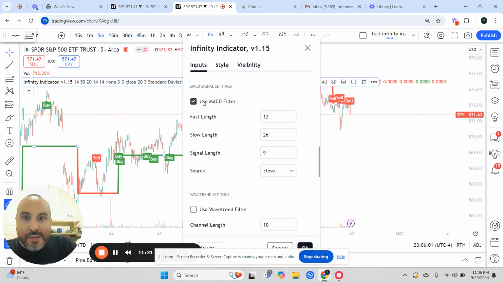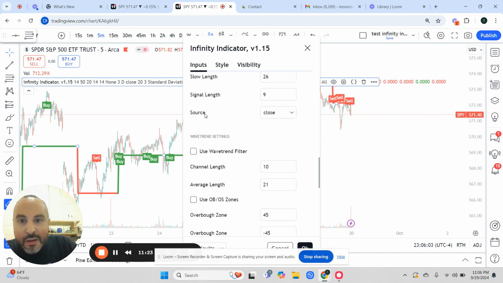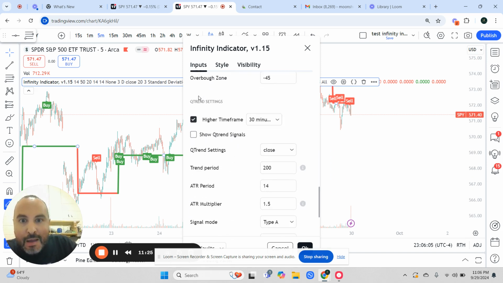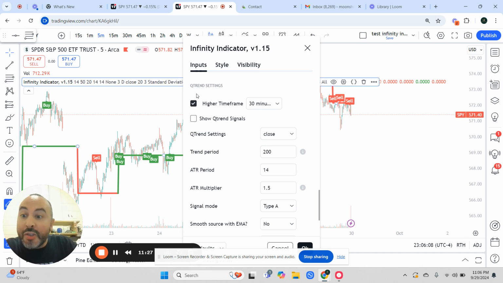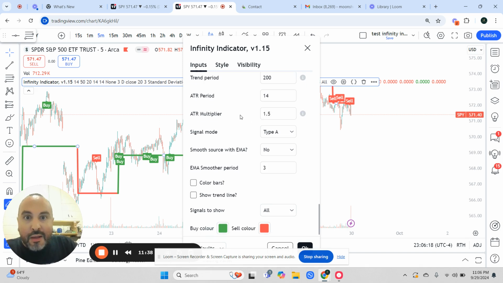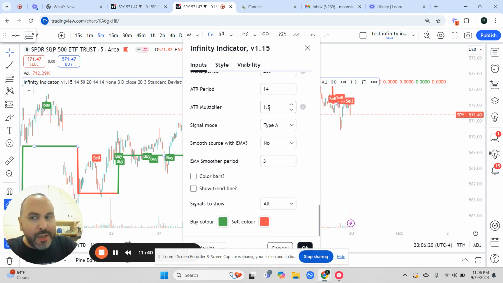Click on the MACD filter. Okay? Everything else unchecked until you get to Q trend. Go ahead, settings, click on the higher time frame checkbox, change it to 30 minutes. Your ATR multiplier should be at default, 1.5. And that's it.